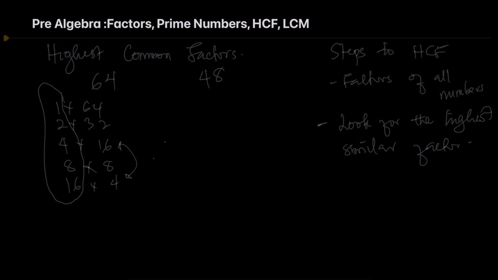And then we go to 48, right? So in the case of 48, what are the factors? We have 1 times 48. Then we have 2 times 24. Then we have 3 times 16. 4 is possible, so 4 times 12. 5 is not possible. 6 is possible, actually, 6 times 8. 7 is not possible. 8 is possible, so we have 8 times 6.